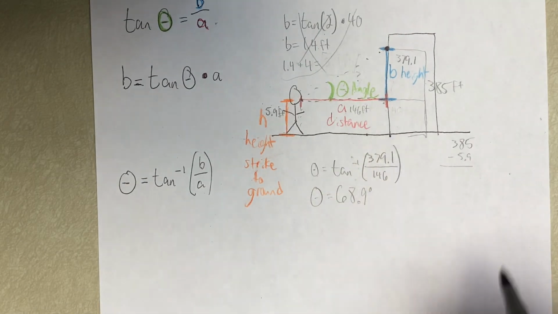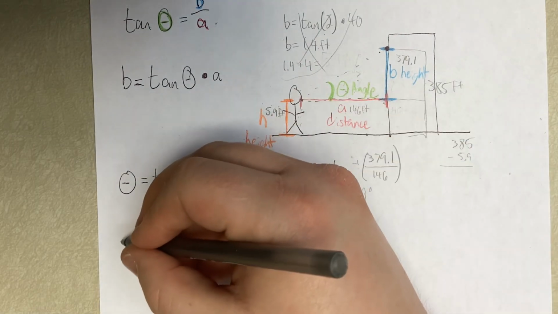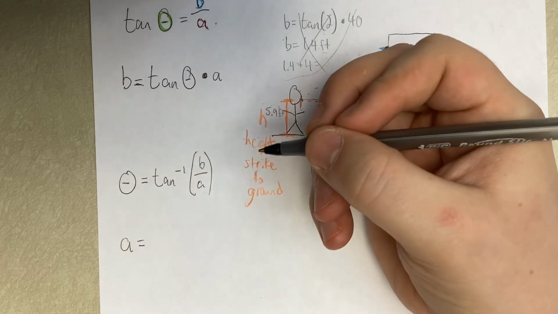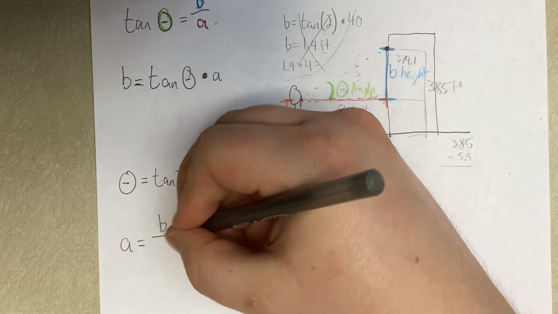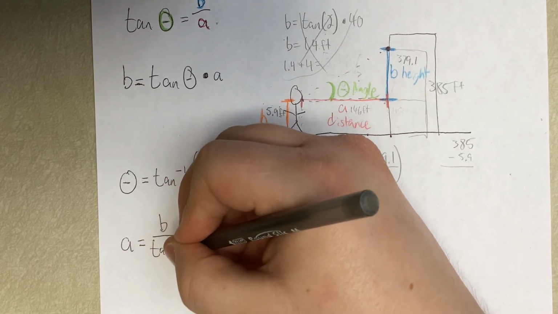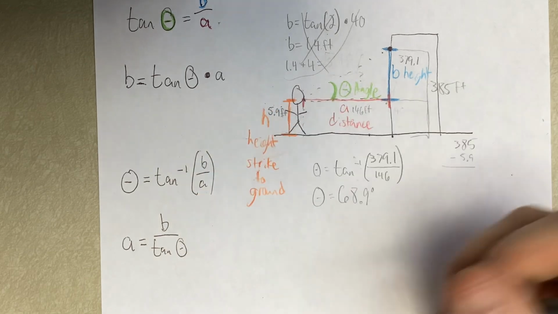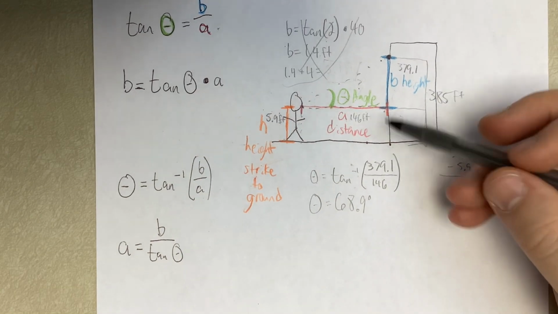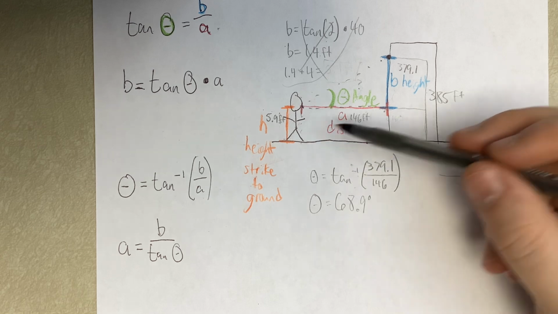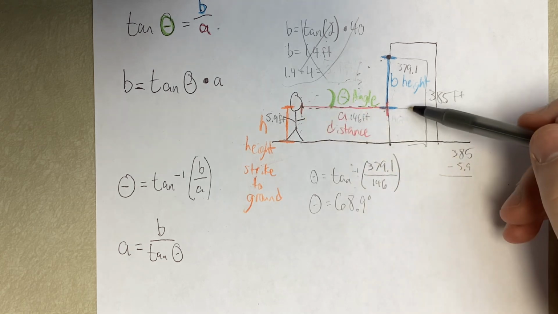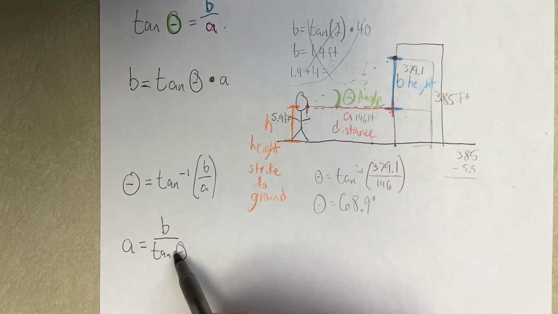That's the only formula we haven't gone over. So if it does ask you for that, it's going to be A is equal to B over the tangent of theta. So the same kind of idea, except if it's asking you from here to here, you're going to use this formula instead.